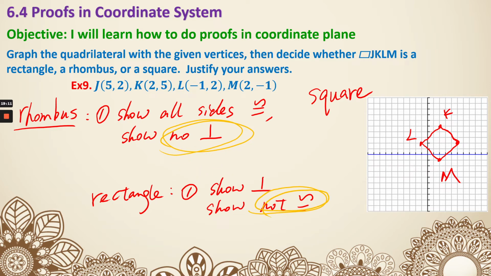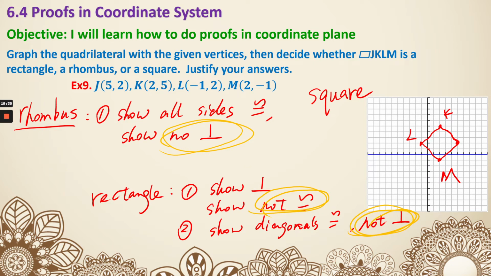That's one way to do it. Another way to show rectangle is you can show diagonals are actually congruent, not perpendicular. Because if they are actually perpendicular diagonals, that would also make it a special case, a square. So you need to make sure you show that.